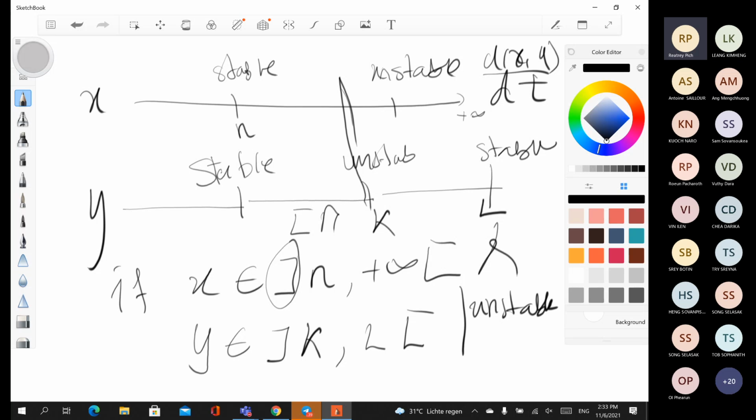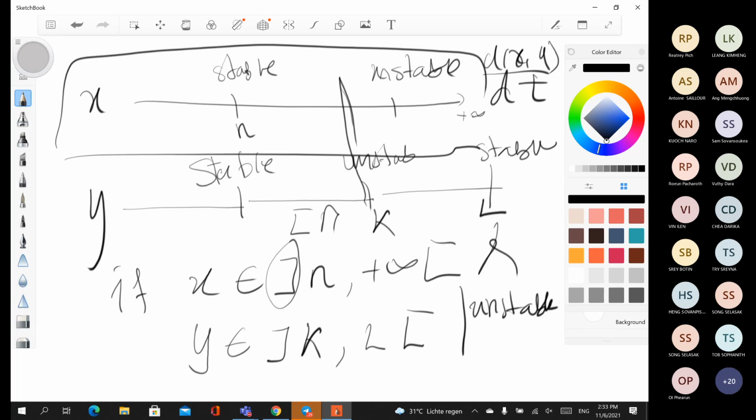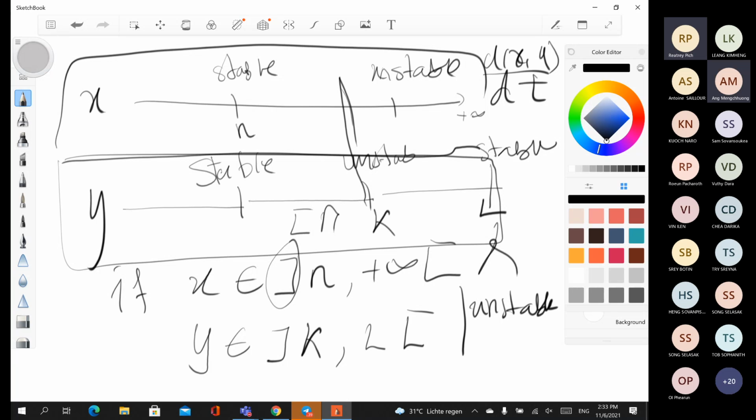So for example, can you draw the phase diagram at the same time? No, you cannot. First of all, you have to draw this one first, right? After that, you have to draw this one. So when you draw this one, in this case I try to produce something unstable.